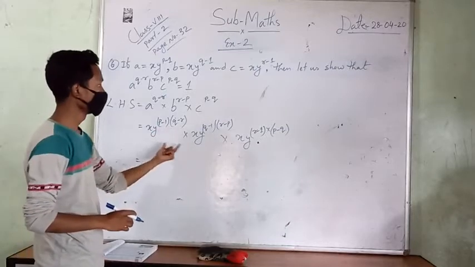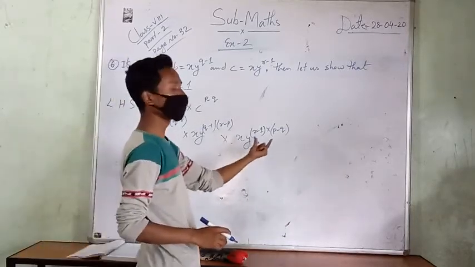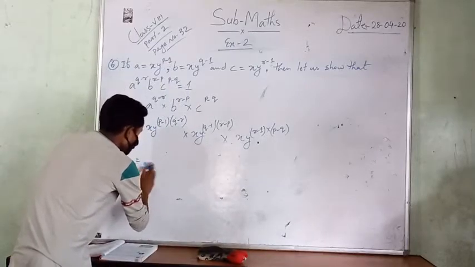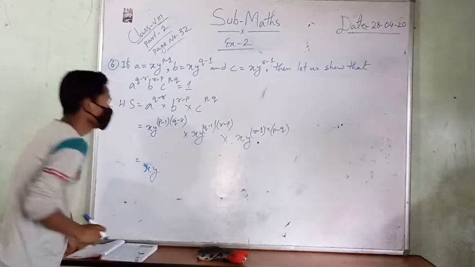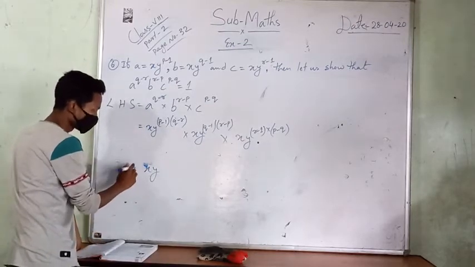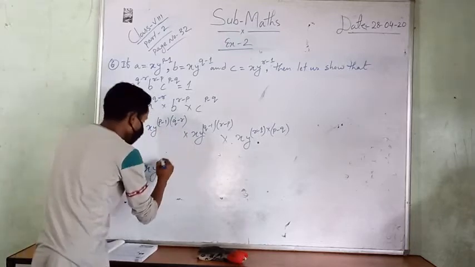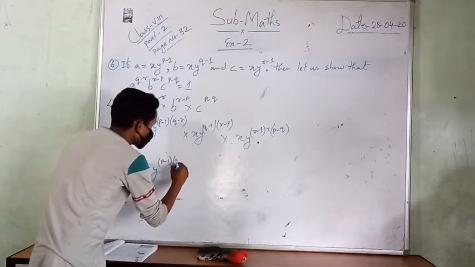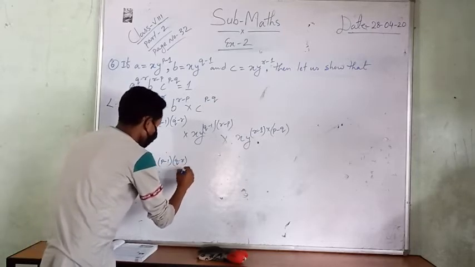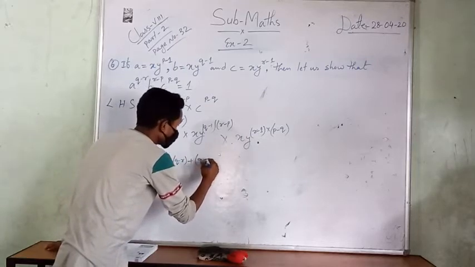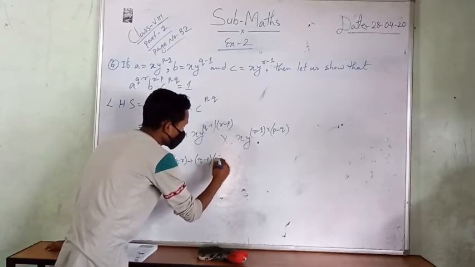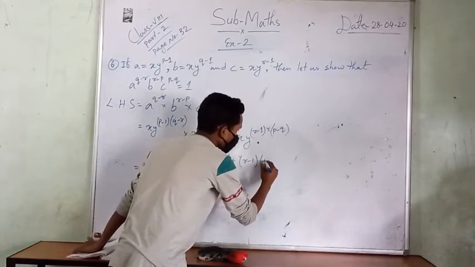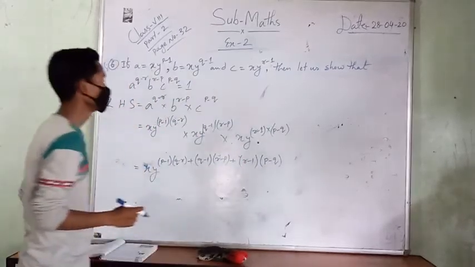Now look at there, the base is the same, then we have to add the powers. The base is xy, so the powers will be added: p minus 1 into q minus r plus q minus 1 into r minus p plus r minus 1 into p minus q.